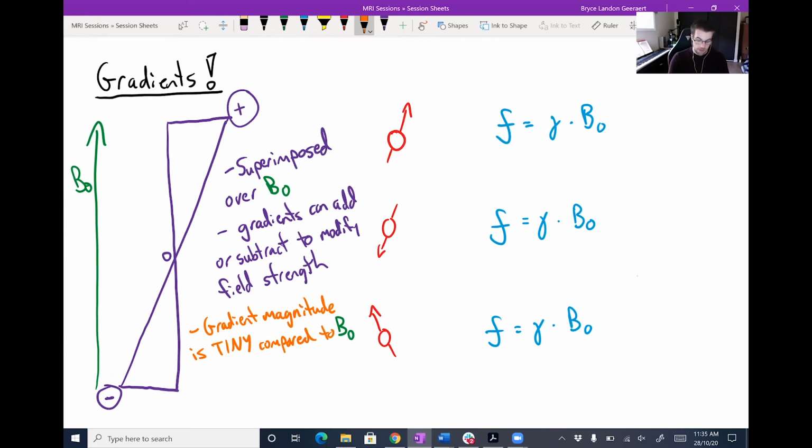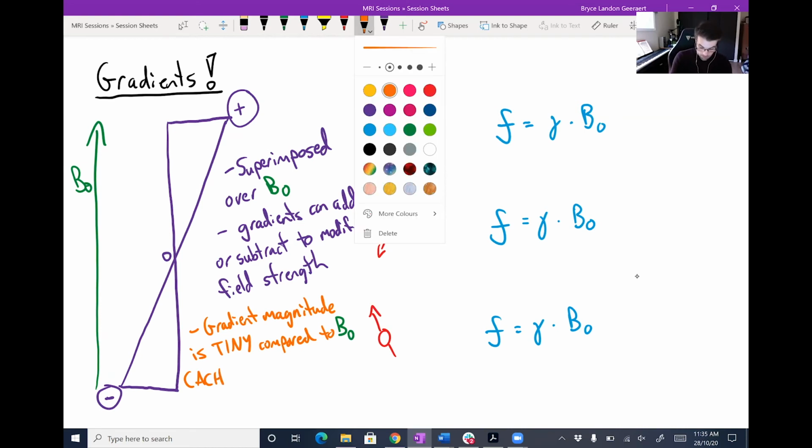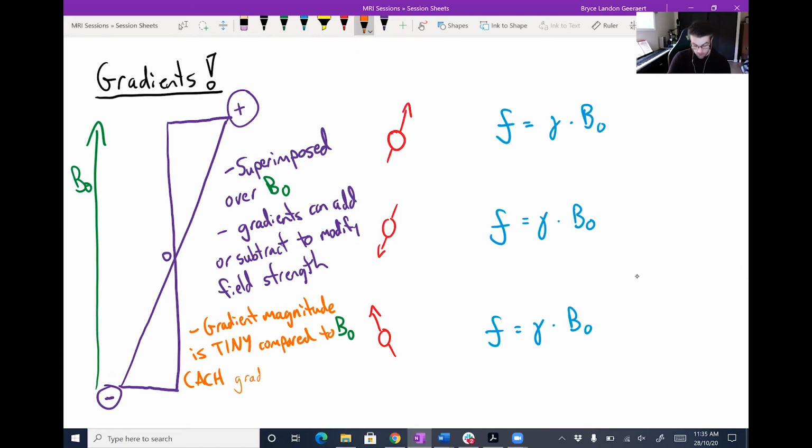At the Children's Hospital, where I tend to work, ACH stands for Alberta Children's Hospital, the maximum gradient strength is about 40 millitesla per meter. So if we're measuring over a 2-meter space across the body, we can come up with an 80 millitesla modification to a 3 Tesla field. That's very, very small compared to the B0 strength.